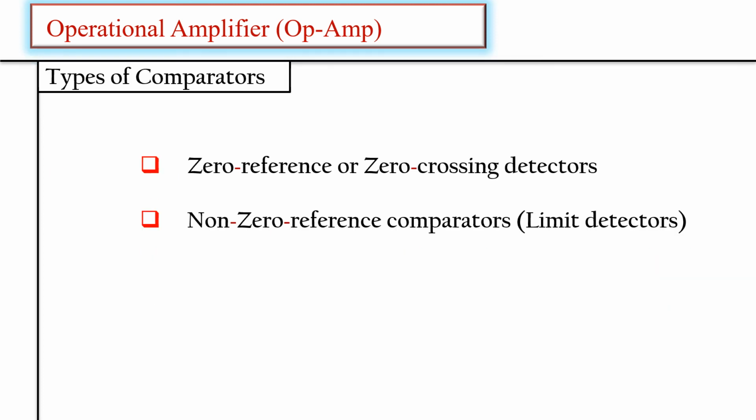Types of comparators: there are two types, zero reference comparators or zero crossing detectors, and non-zero reference comparators, also known as limit detectors.